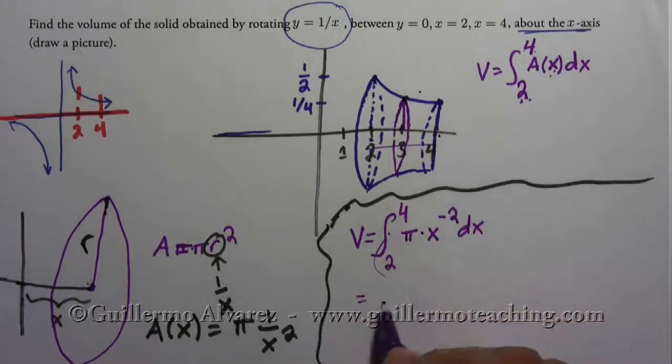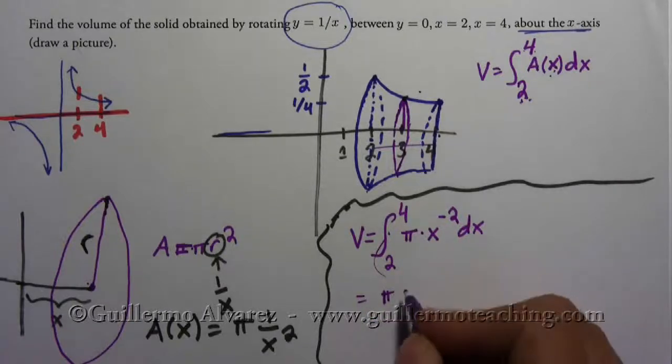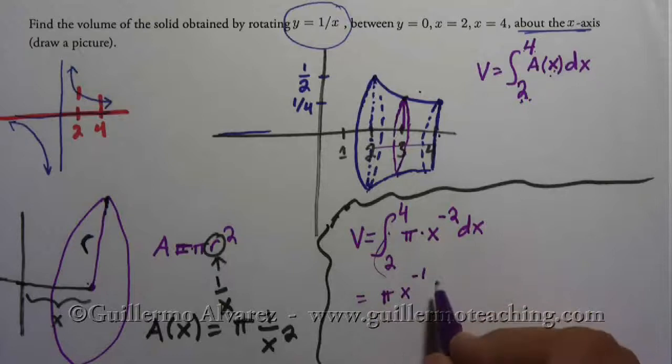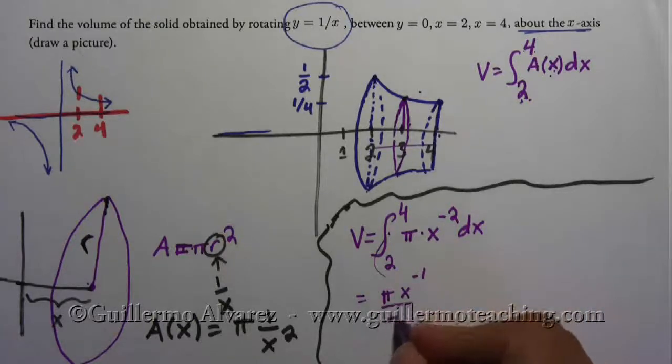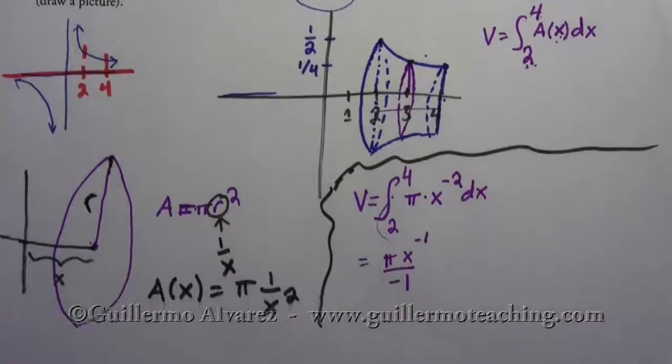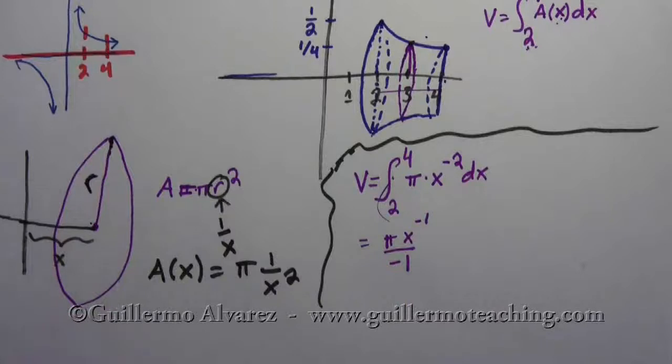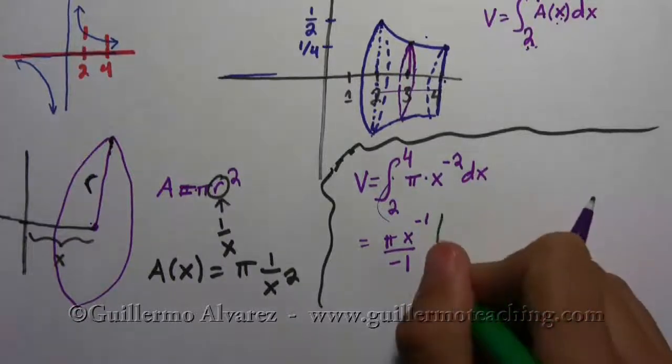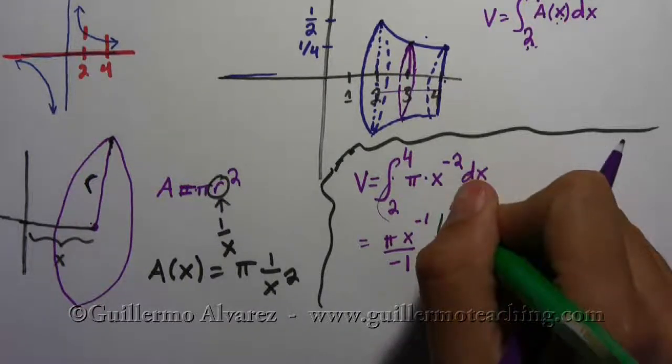So this is equal to pi x to the negative 1 divided by negative 1 by the power rule, evaluated from 2 to 4.